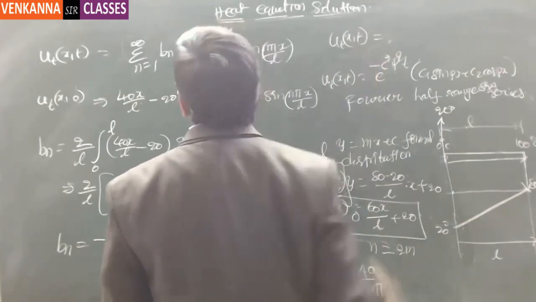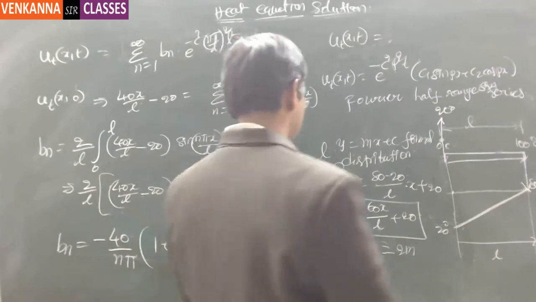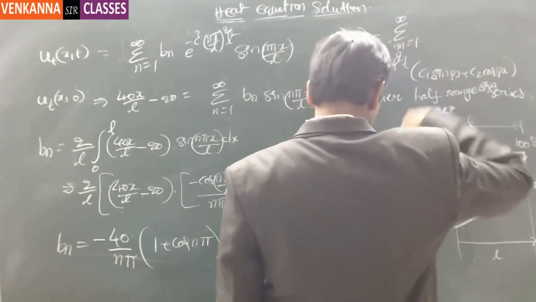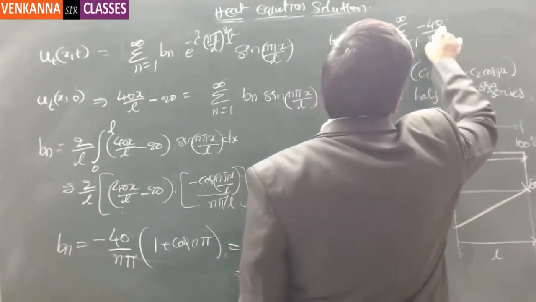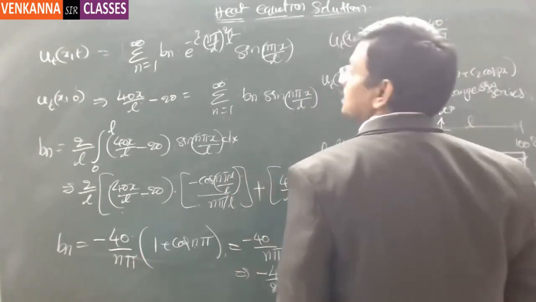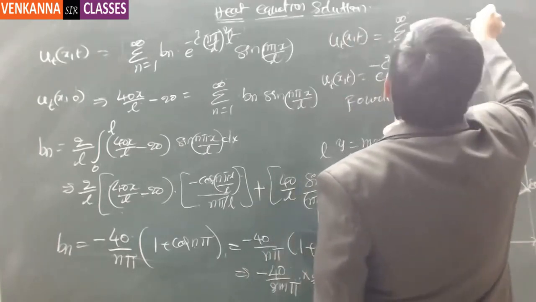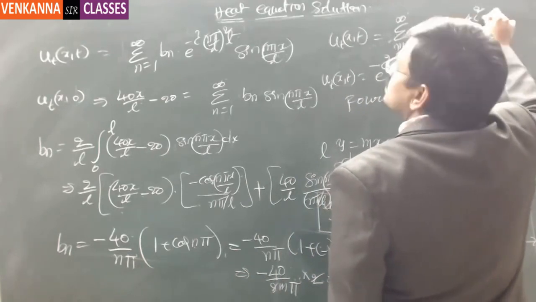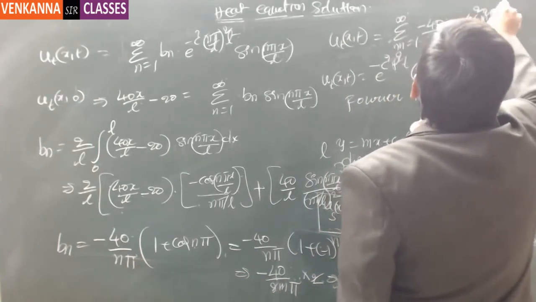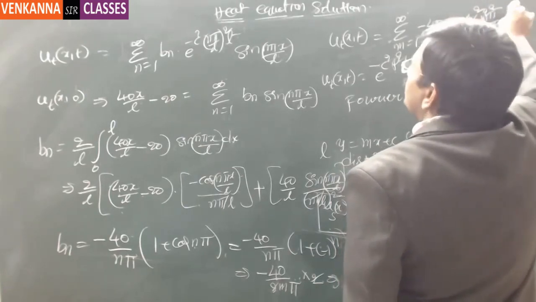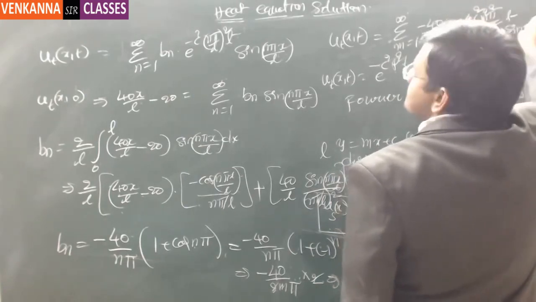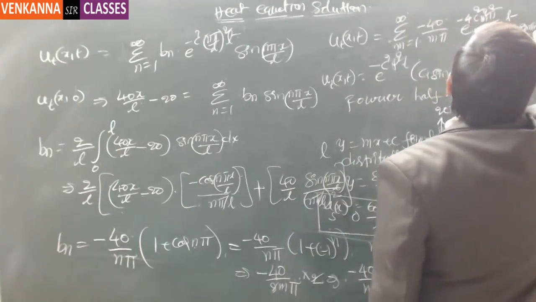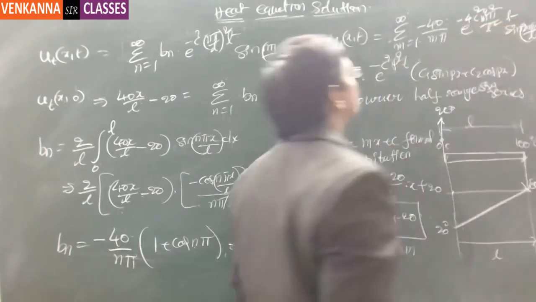You are going to get the transient solution as the sum from m equal to 1 to infinity of minus 40 by m pi into e power minus c square, n is 2, that is minus 4 c square m square pi square by L square into t, times sin of 2 m pi x by L. So that is the transient solution.